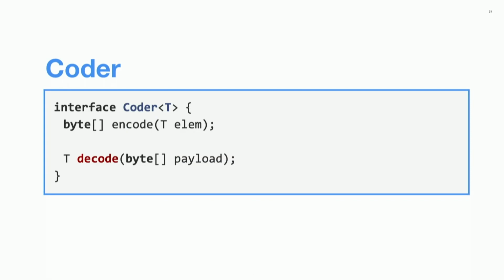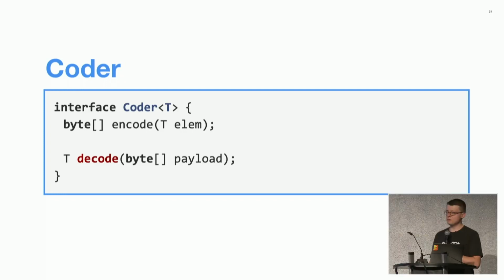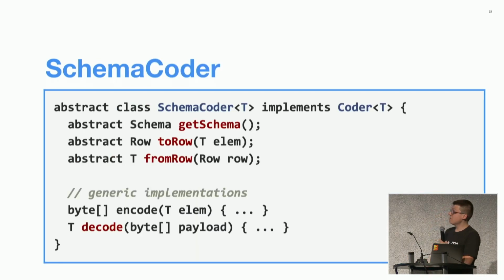Let's go back for a second. You remember we had this coder interface that essentially used a byte array as a universal representation for any type in Beam, and it had a function to transform from Java objects to bytes and get back a Java object from a byte string. Now we can have an extension called schema coder that is basically an implementation of coder, but instead of using a byte array as a representation, we can use a row as something better.